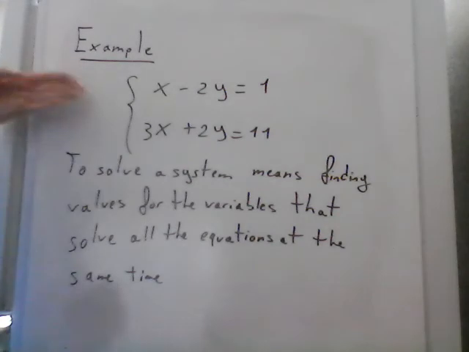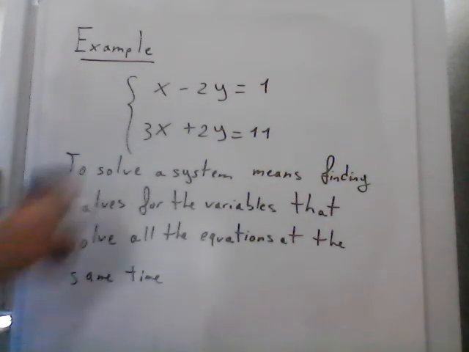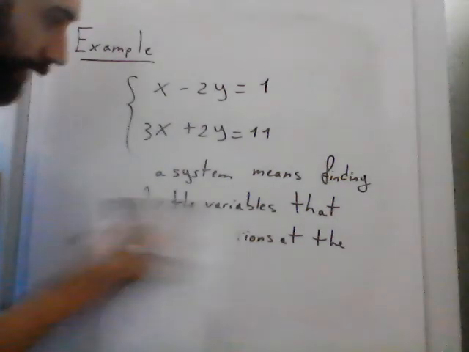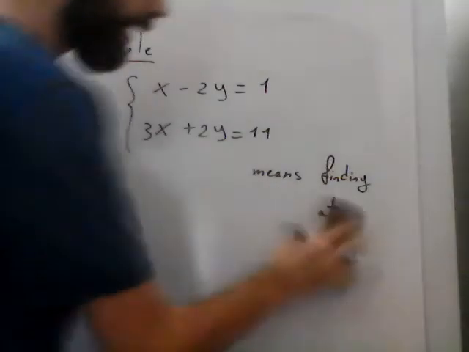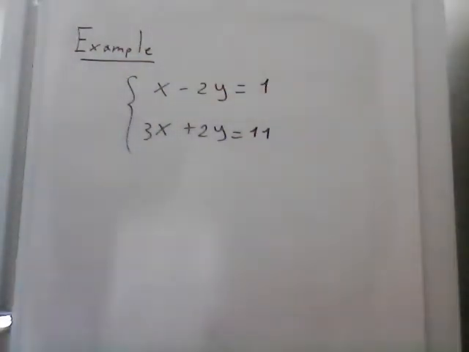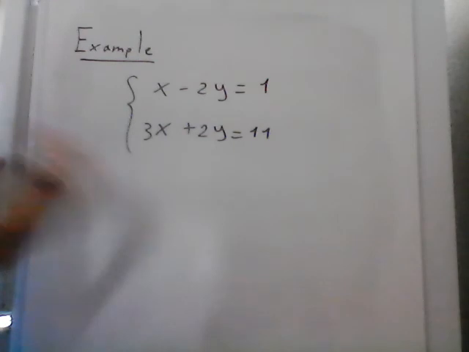Okay, so let's try to solve this linear system. And later in the next lecture, we are going to see a systematic way to solve these linear systems. But for the moment, let's just try to solve it by being clever.